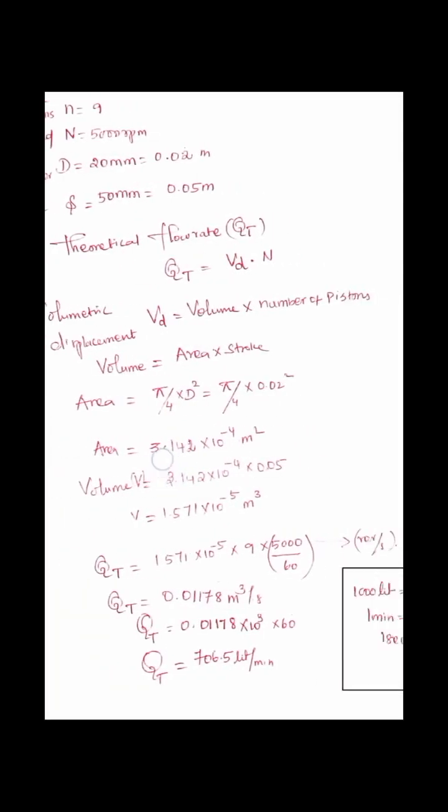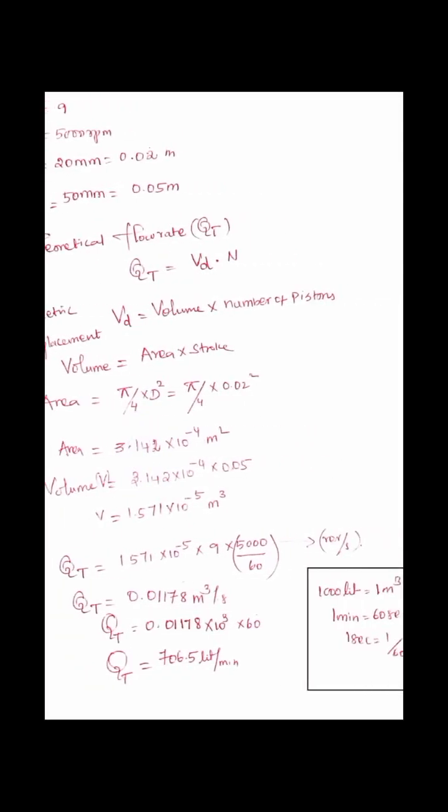So we have to find the area. For area we apply the formula pi by 4 d square, and we can easily calculate the area and apply the area into stroke values in the volume formula. We can find the volume value. Once we calculate the volume value, we apply it in this formula: Qt is equal to Vd.